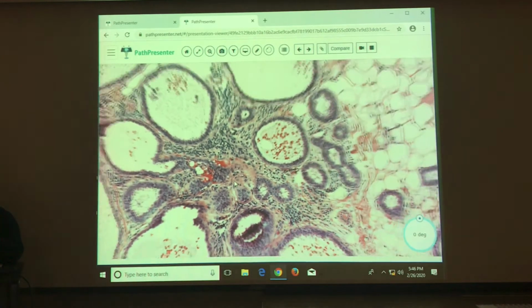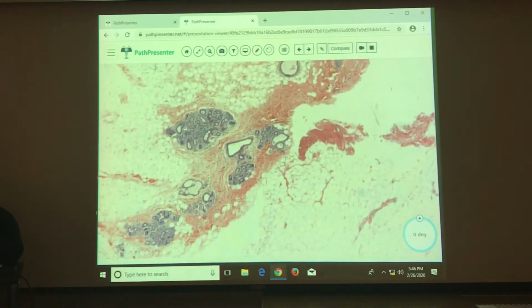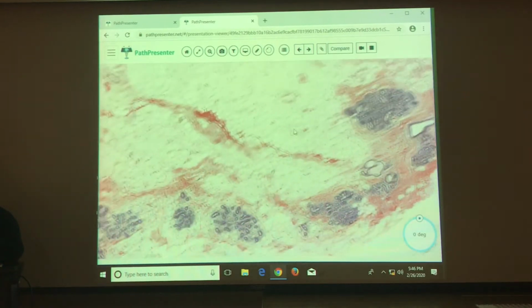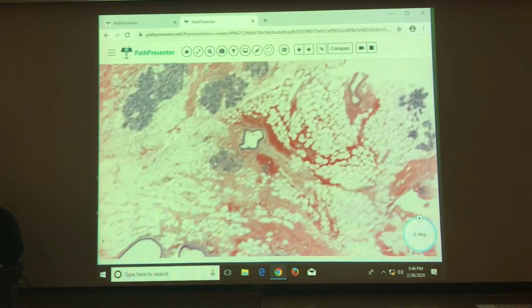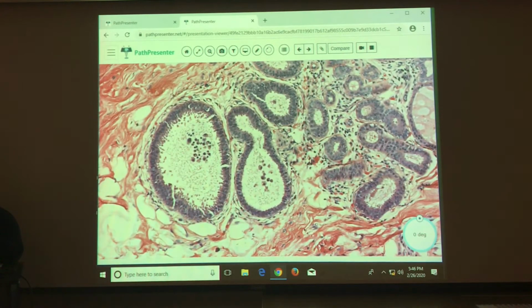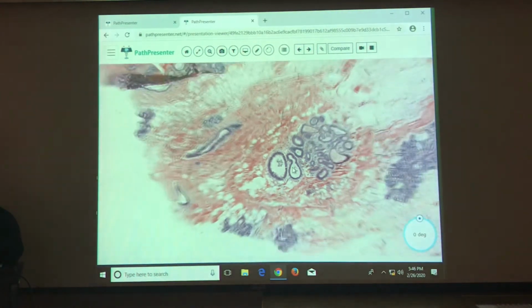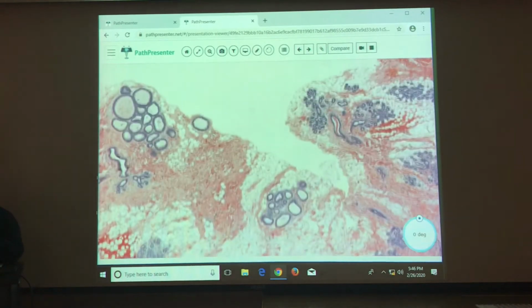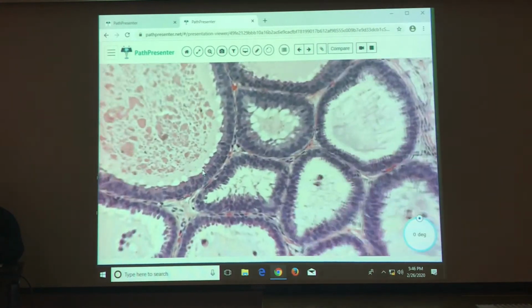Okay. Alright, search around. Look at normal lobules. There's more normal lobules. Yep, here's more columnar cell change. Are we expected to see more than this? I think there's more.